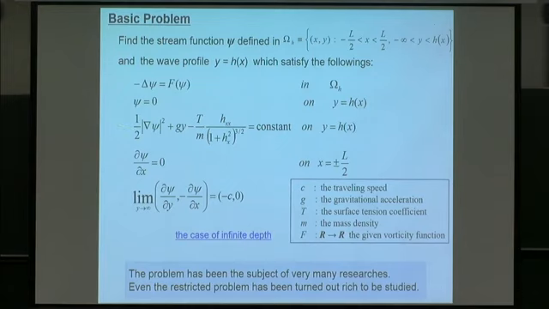And there are the Bernoulli condition, which is implied from periodicity, and the last one means the flow is uniform at infinity. In these constants, g is the gravitational acceleration and t is the surface tension coefficient. These two are the bifurcation parameters.